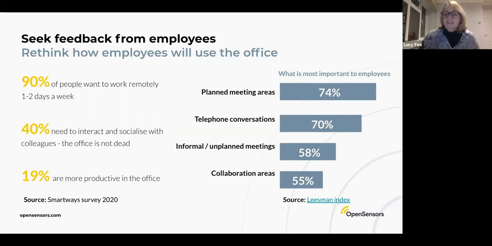When looking at some of the other data on what types of spaces are important to employees, planned meeting areas is very high, at 74%. And that's understandable. People see themselves going back to the office for a formal meeting or for a meeting environment. There are also a lot of lessons we've learned from working from home during COVID.